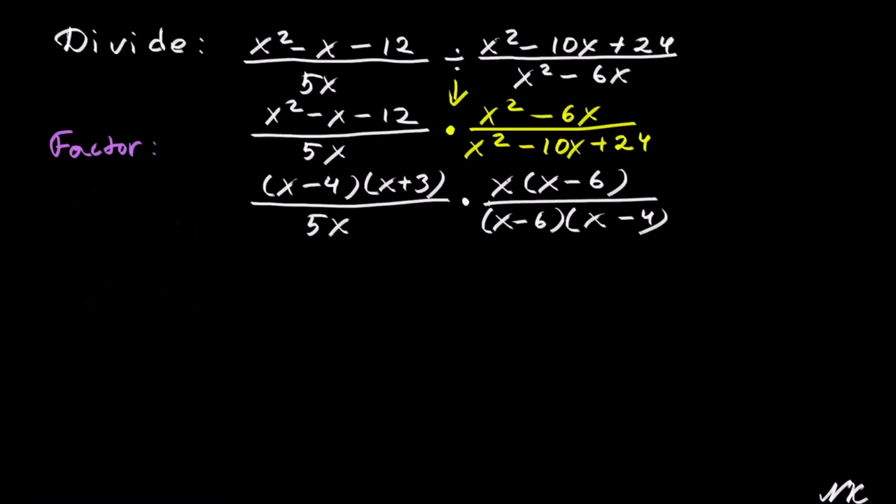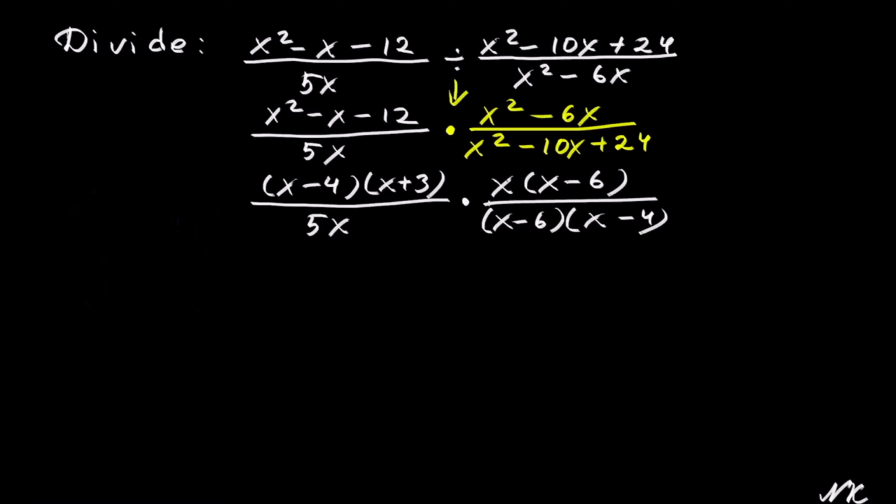We have x minus 4 times x plus 3 out of 5x times x minus 6 out of x minus 6 times x minus 4. Now we can reduce common factors from numerator and denominator. We have x minus 4 in the first numerator and x minus 4 in the second denominator.